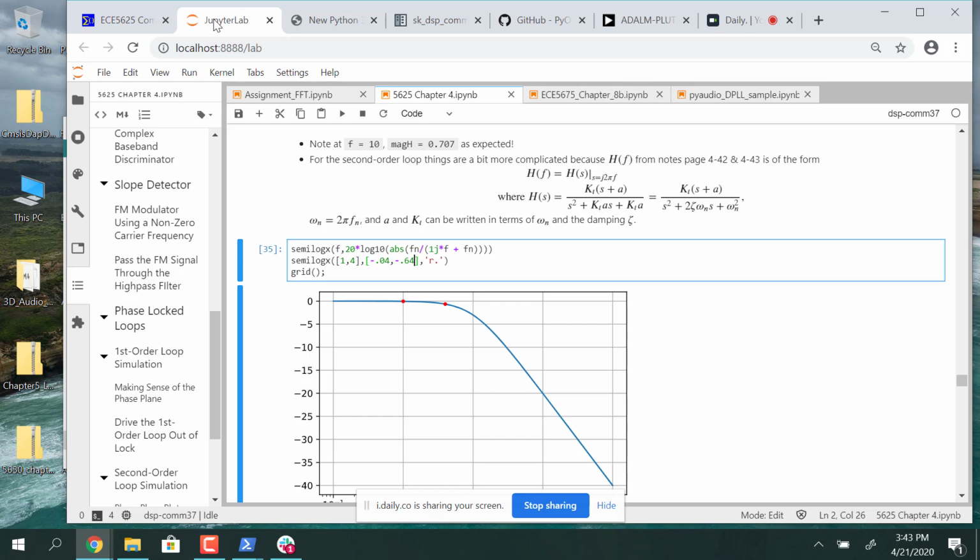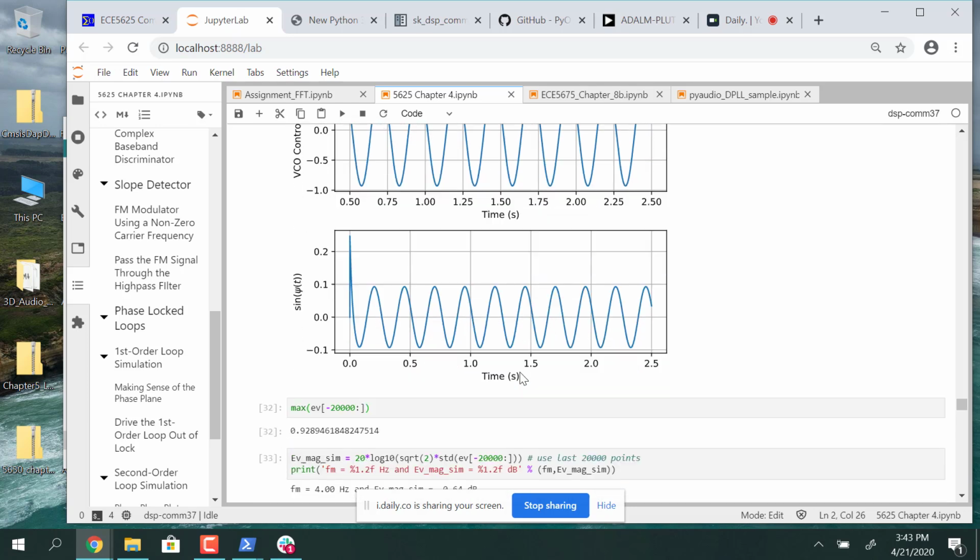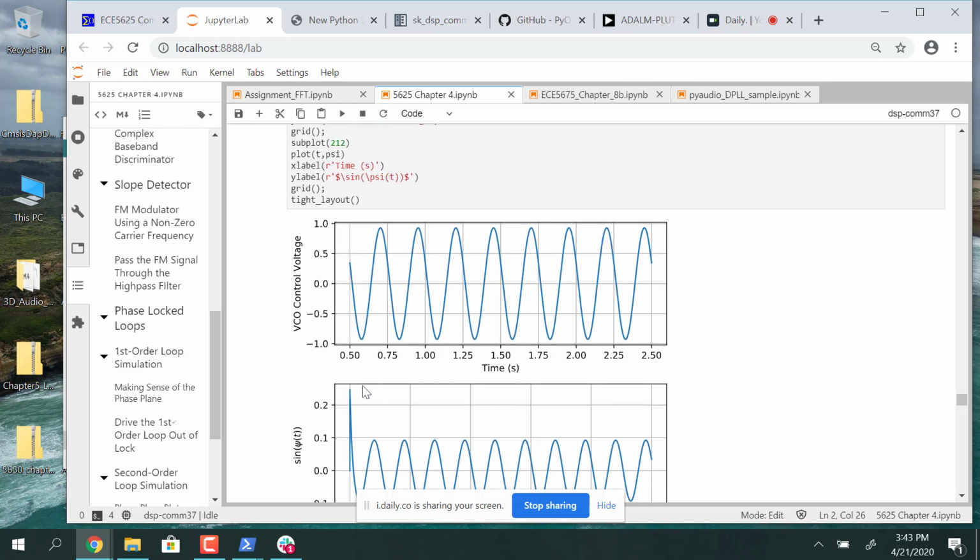Again, the loop is not strictly linear, but since we're not getting close to pushing it out of lock with the modulation, it is acting as a linear loop, and that's what we're seeing here. We have a transient when it pulls in, but once we get into steady state, we have a nice measurement like that.